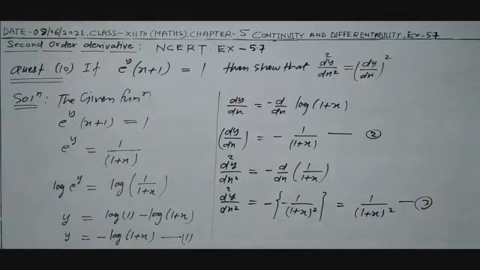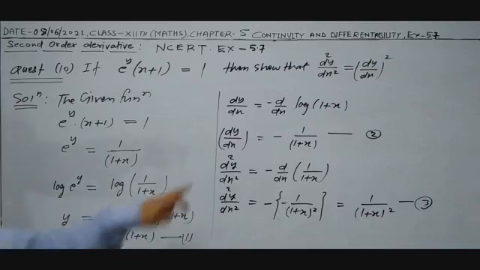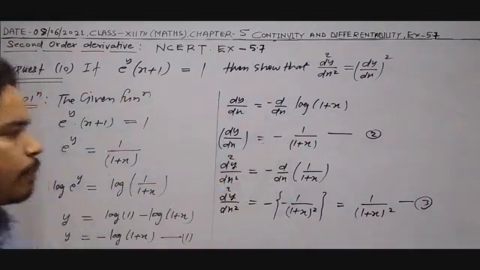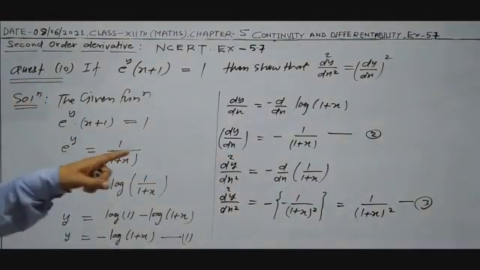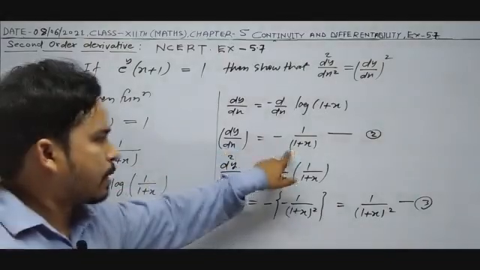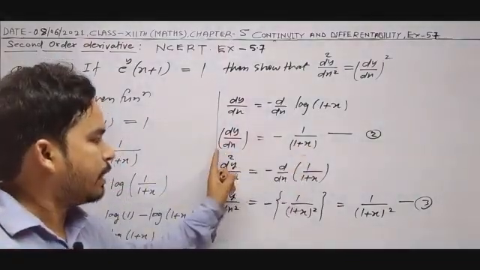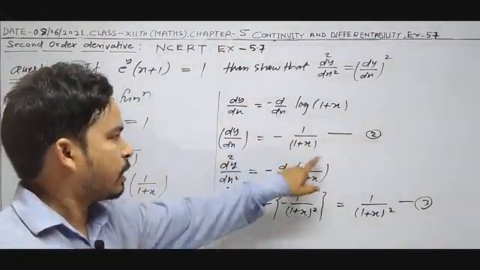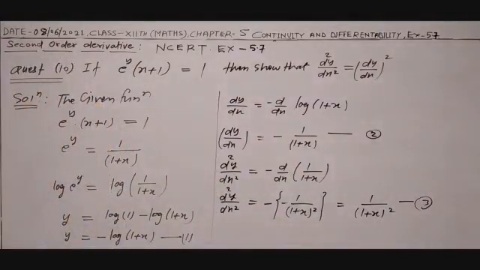So from equation 2 and 3, what can you write? From equation 2, you know the value of dy by dx is minus 1 upon 1 plus x. So if you square both sides, you will get 1 upon 1 plus x whole square, and the result is dy by dx whole square.